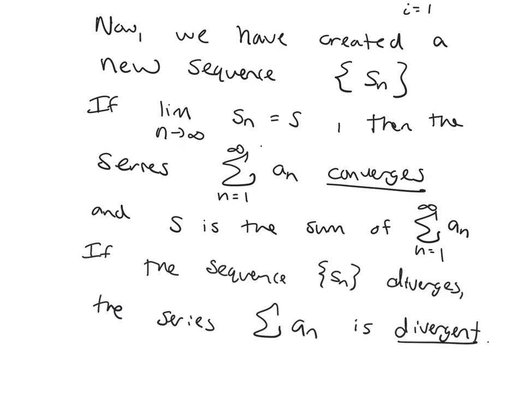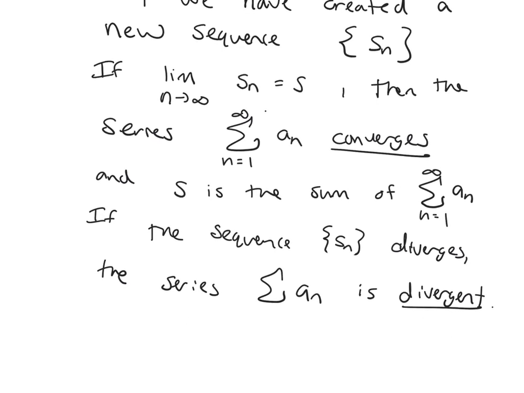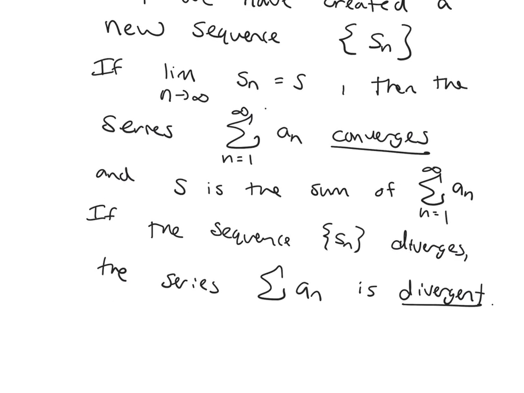Okay? So you only talk about a sum if your series converges. And the sum is just going to be the limit of the partial sums. Okay? Any questions so far?